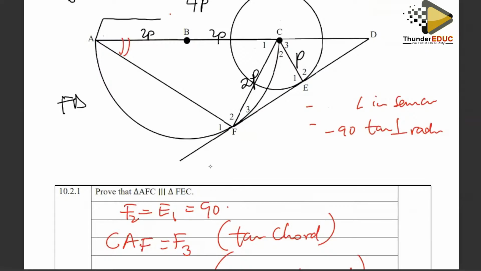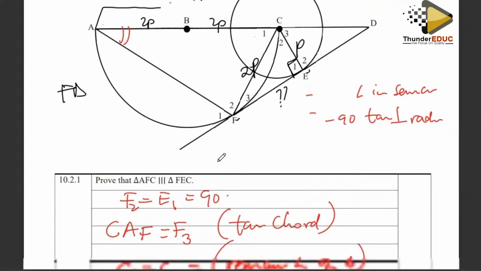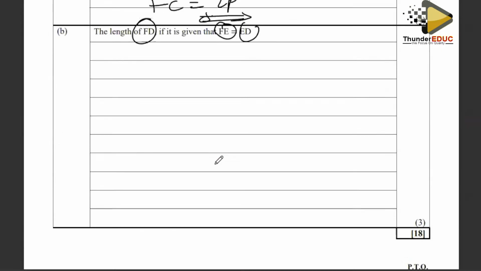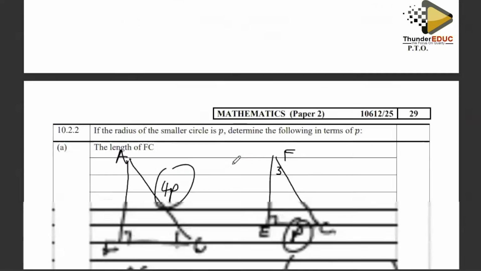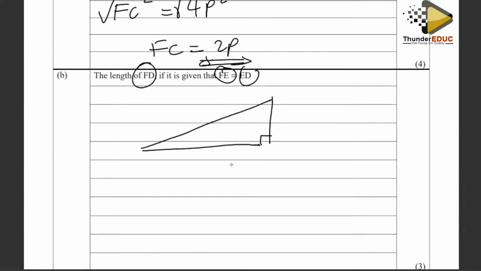We have this radius as a P, and we say this is a 90, meaning that we can use our theorem of Pythagoras to find FE first. Let me try to redraw that. Say that's a 90. FC and CE, we say this is a P, and this is a 2P.